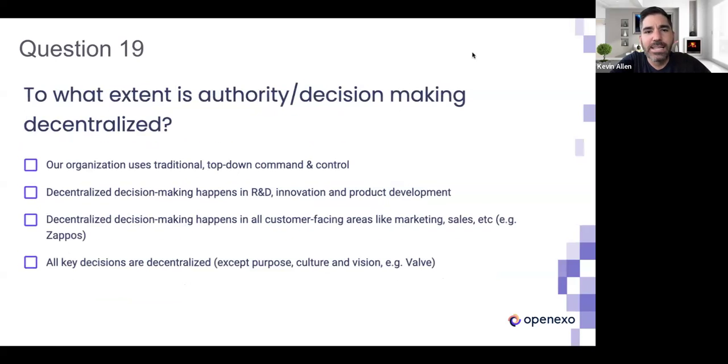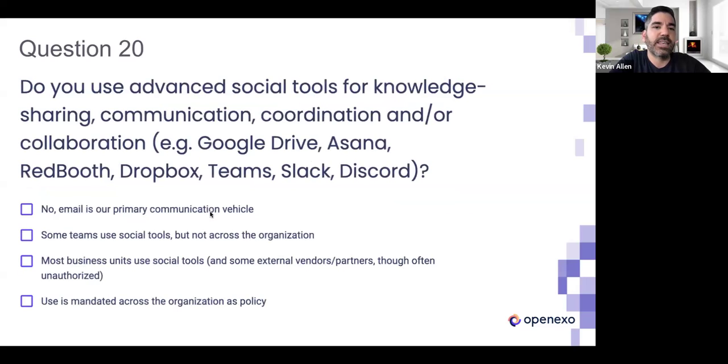If we go to question 19, to what extent is authority or decision-making decentralized? This also speaks towards the autonomy attributes. And again, I think it's quite clear in terms of the responses there. Then on question 20, do you use the advanced social tools for knowledge sharing, communication, coordination, and/or collaboration?